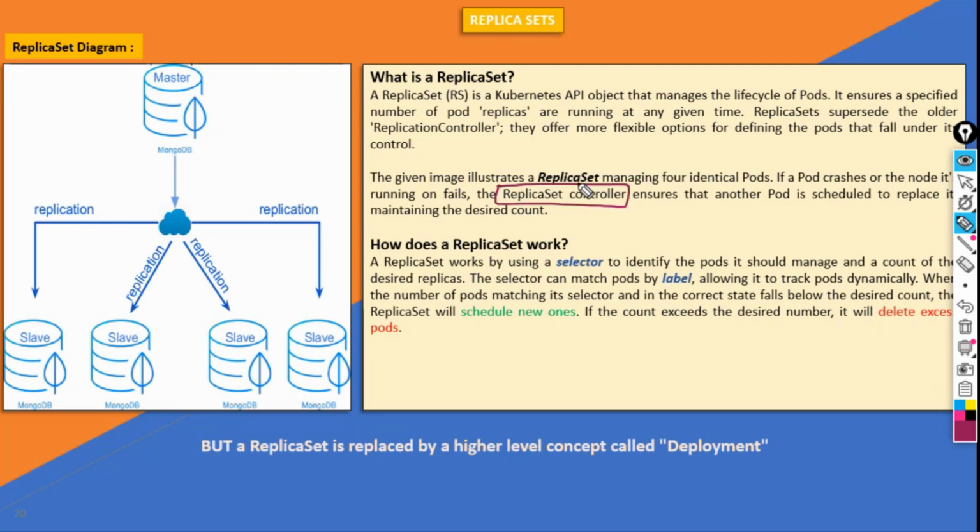The controller manager, which is a component of the master plane, the master node. So this is the boss, this is the manager, and this is the assistant manager.